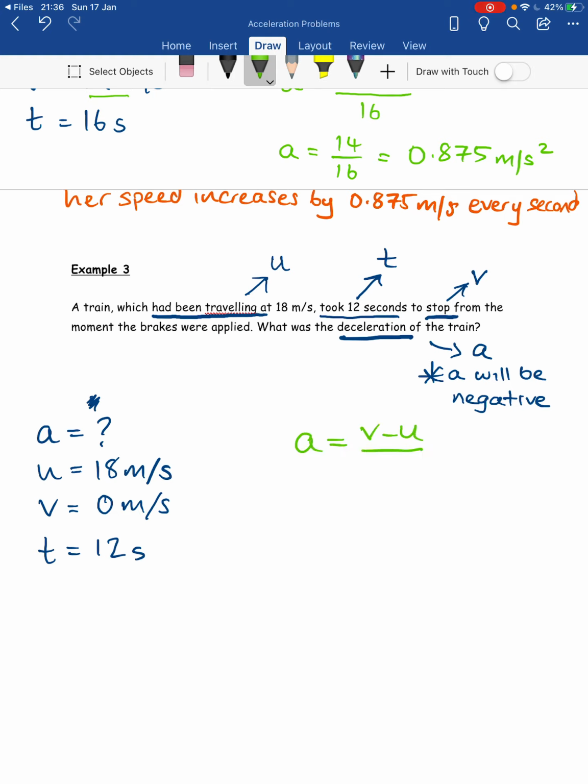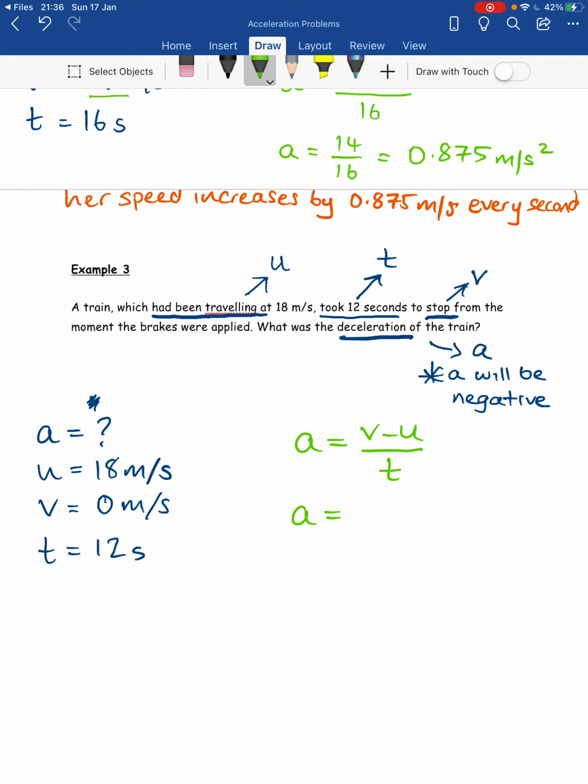A equals v minus u over t. Again, A we don't know. Even although it's deceleration, it still has the same symbol, which is A. And that's because we're giving this a negative in front of the final answer to show that the speed is decreasing.